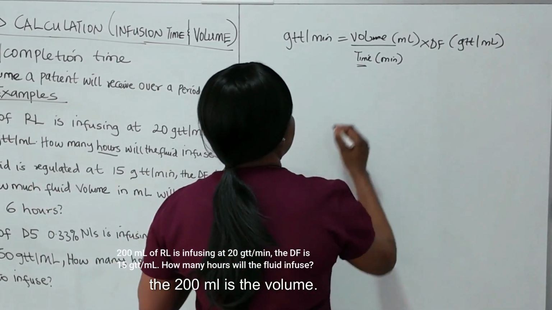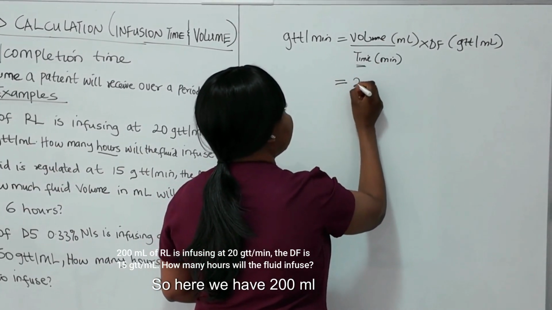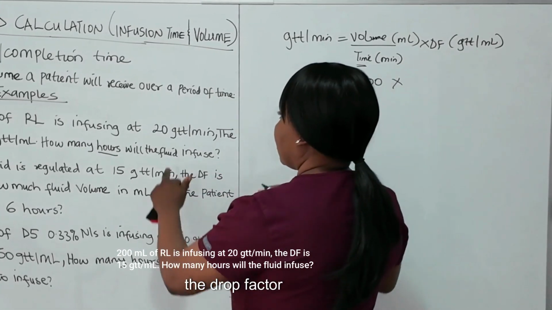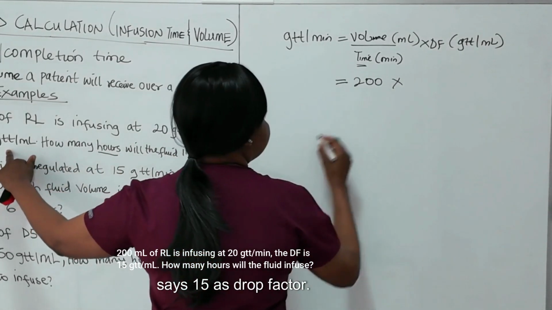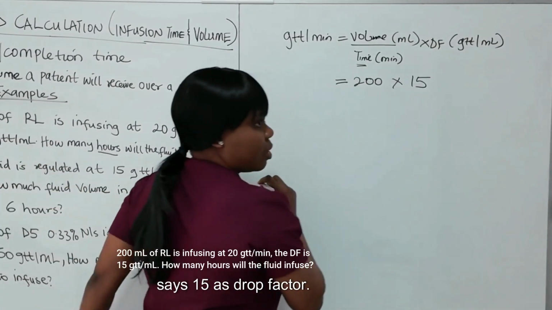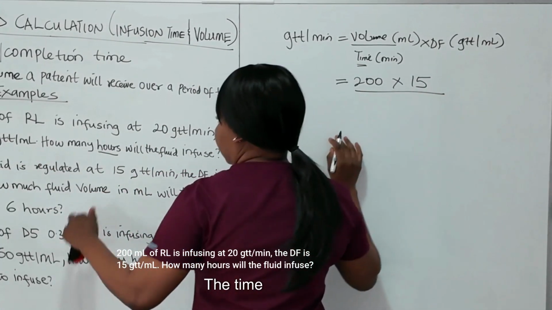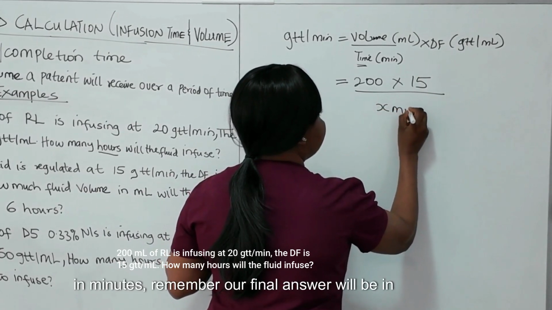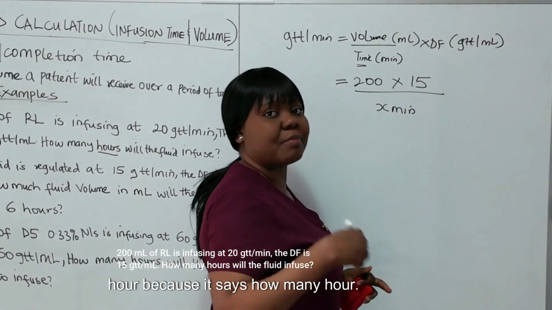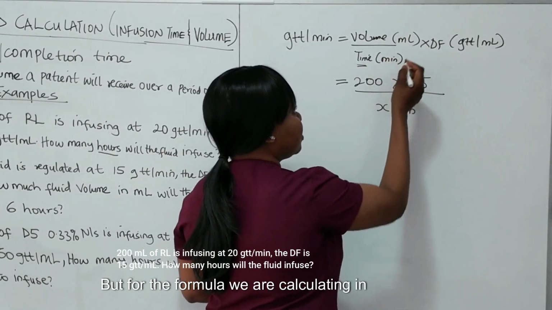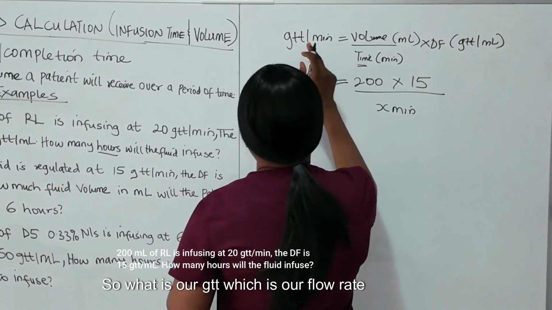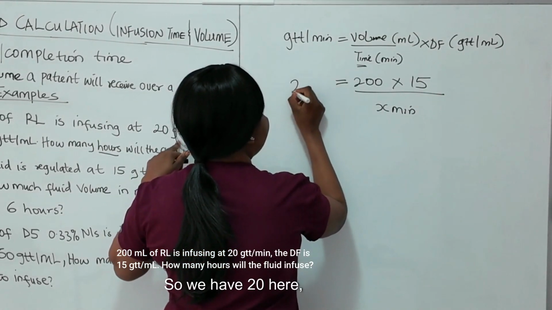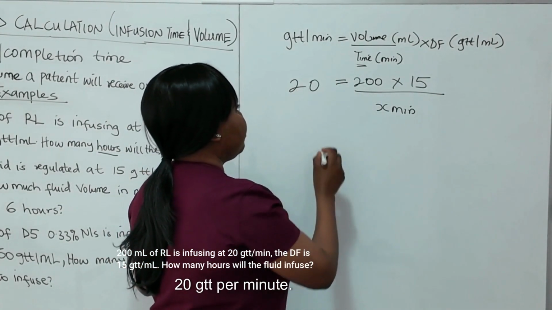The 200 ml is the volume, times the drop factor, 15. The time is what we're looking for, so x in minutes. Remember, our final answer will be in hours because it says how many hours, but for the formula we're calculating in minutes. The flow rate says 20 gtt per minute.